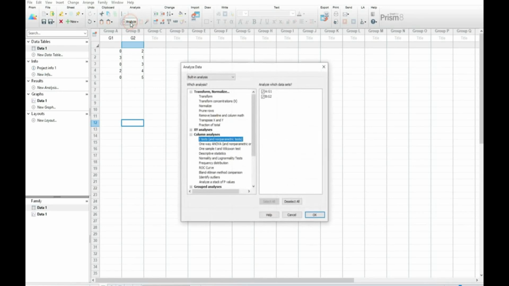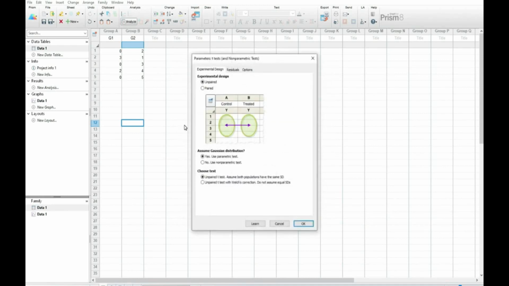We analyze it and select the t-test non-parametric option, and then choose the second option, non-parametric Mann-Whitney. You can see the selected part, choose it and click OK.